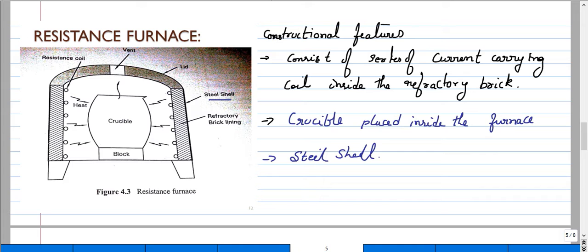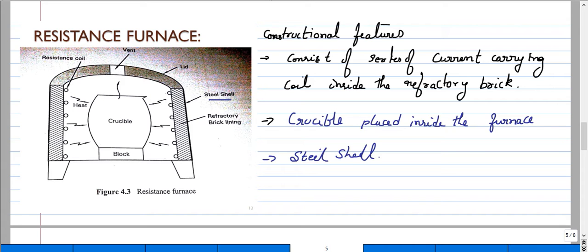Previously it was by the application of liquid propane or natural gas, but here it is due to the current. So for that we should understand the working principle, then only we will understand how this resistance to the current will melt the metal.